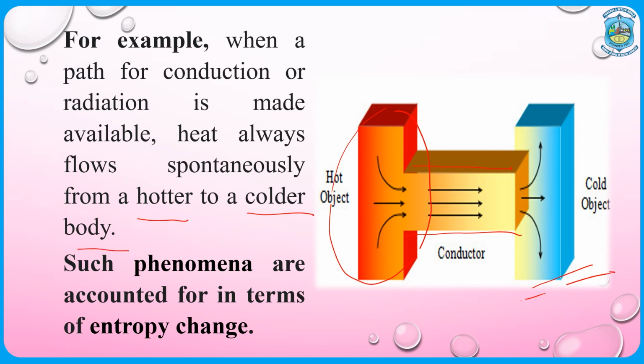This forward mechanism will occur until the two reach the same temperature, and then the process will stop. But if we expect the reverse to happen, it will not occur. Such phenomena are accounted for in terms of change in entropy, because when the movement occurs, the entropy of the system increases.